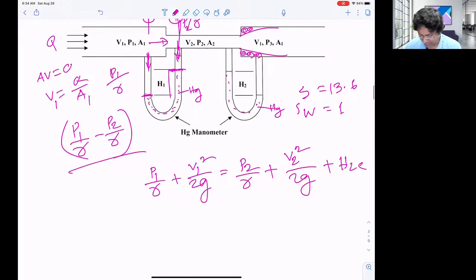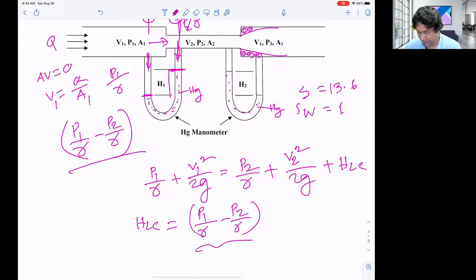So if I want to calculate the head loss due to sudden contraction, I have to write the equation that way, right? So that is nothing but H1, and what I'll have is V1 squared divided by twice G minus V2 squared divided by twice G, right?